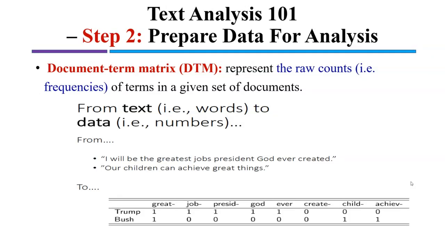Every word in your sentence or in your document becomes a number, a frequency. For example, if we collect all our presidents' speeches, like Trump and Bush, then we ask a machine to code each word in each document: how many times each president mentioned that word. So it can be 0, it can be 1, it can be 2, it depends.